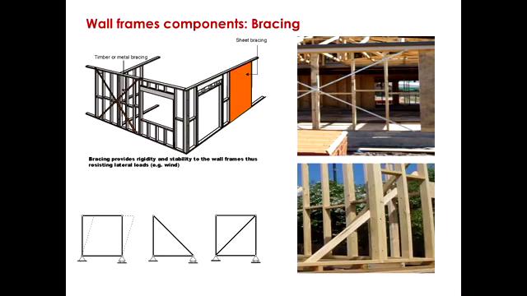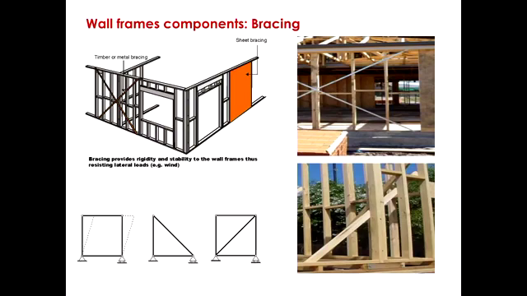This one is structurally stable, and the other one is not, because it can move in that direction. So it can be deployed, it can be folded. By adding a diagonal element, we make sure that that folding doesn't happen. All right? So we always need to transform quads into triangles. That's the basic rule, let's say.